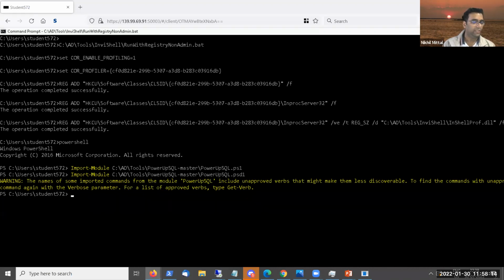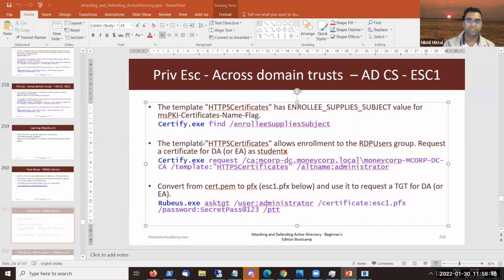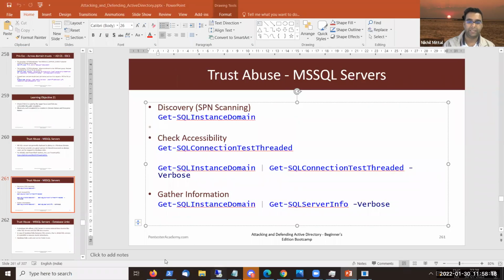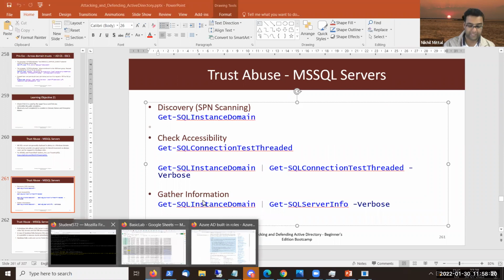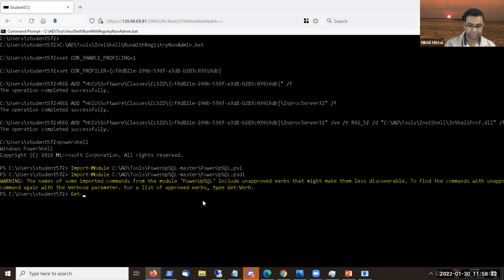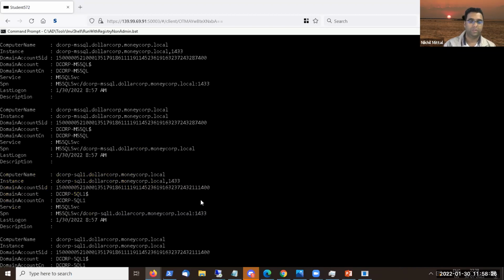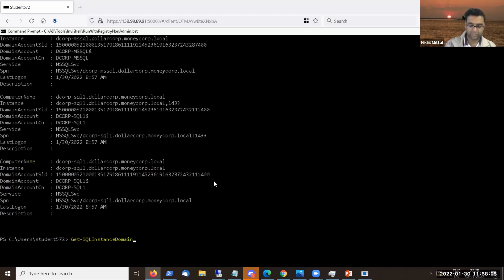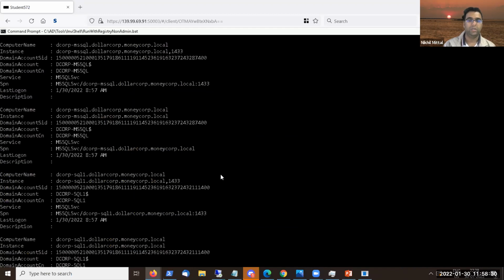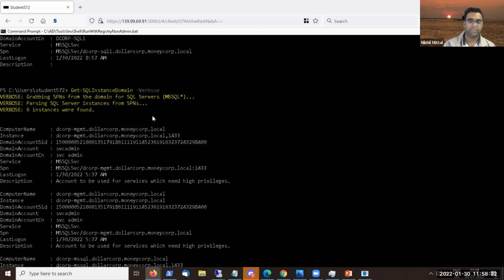Now, if I run Get-SQLInstanceDomain, this runs SPN scanning. Now, what's the difference between scanning and SPN scanning? If I run this with verbosity turned on, it will be more clear. What it looks for is all those service principal names that start with MSSQL*.